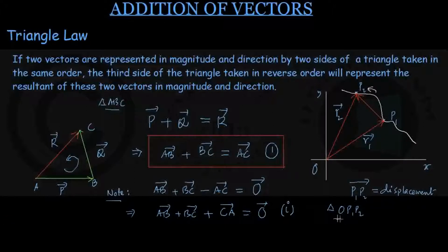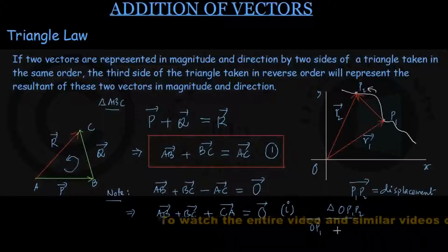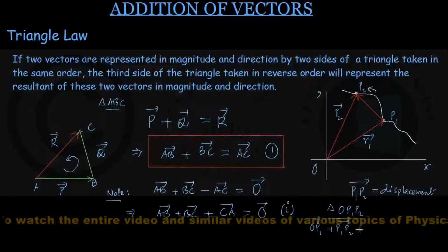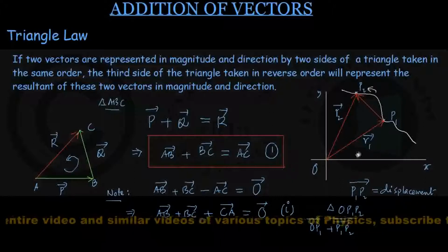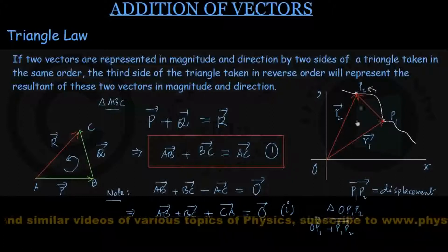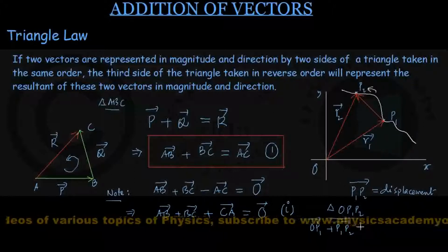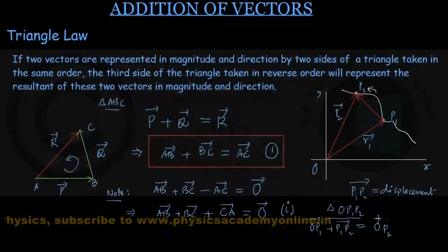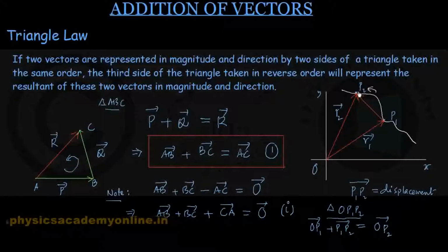In triangle OP1, P2, we could write down that OP1, this vector, plus P1, P2, the two sides of a triangle taken in the same order, and their vector sum must be equal to the third side in reverse order, that is coming out to be here OP2. That's triangle law. Once again, OP1 plus P1, P2 is equal to OP2 in reverse order.